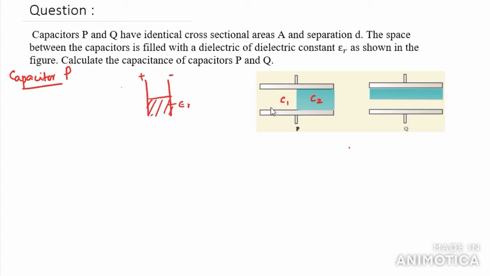So these two are connected in parallel, plus to plus and minus to minus. C1 and C2 are in parallel, one without a dielectric medium and the other with a dielectric medium.